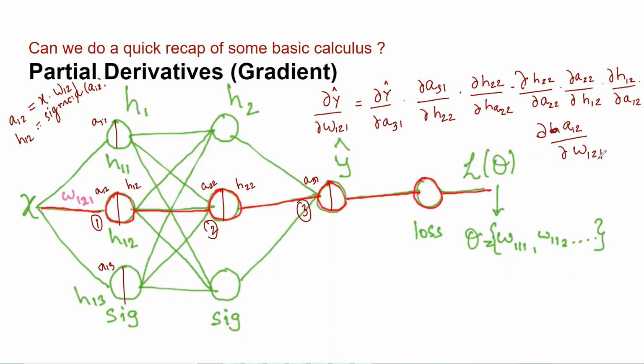So from the chain rule, this is the way I can compute the derivative of this with respect to W121.